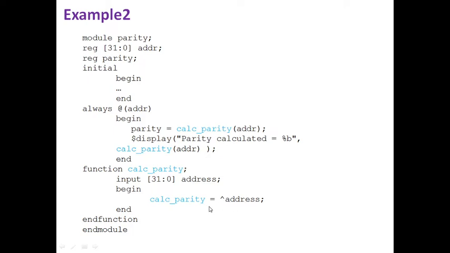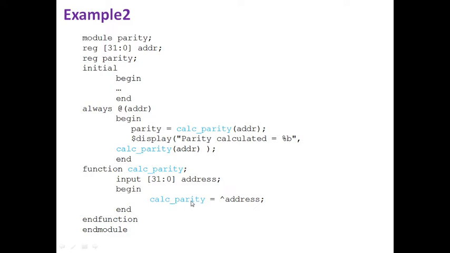So a register with the function identifier name is declared implicitly inside my Verilog. Am I providing exclusively its type, have I mentioned it in my function declaration? Never, I never mentioned the type of calc parity.